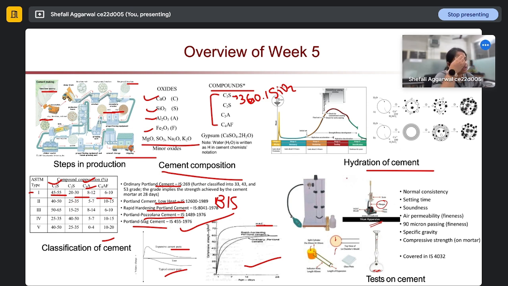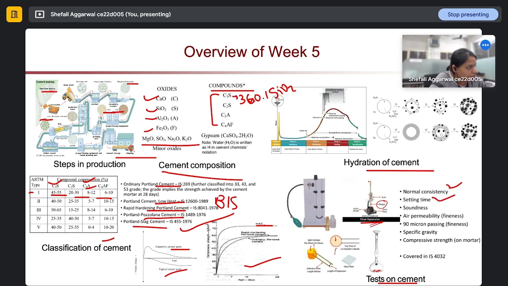The other thing about cement is what different tests we do on our cement. The normal tests which we actually do on cement, first is the normal consistency of cement. What apparatus are we using? We are using the Vicat apparatus for testing the consistency of cement. Consistency will tell us how much water we can add to a cement, and from that we can calculate the setting time of cement.